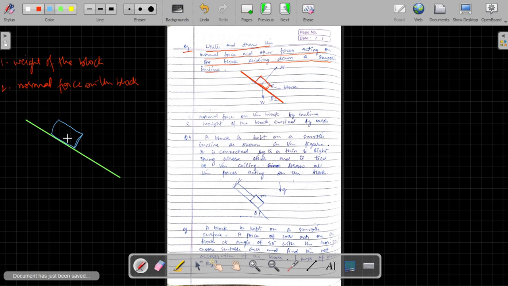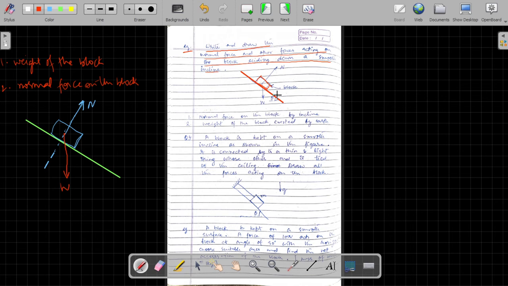We know that the normal force acts along the common normal. So this is our common normal. The normal force would act on the block in this direction, that is away from the surface, and the weight of the block would act at its center of mass in the vertical downward direction. That would be the weight.